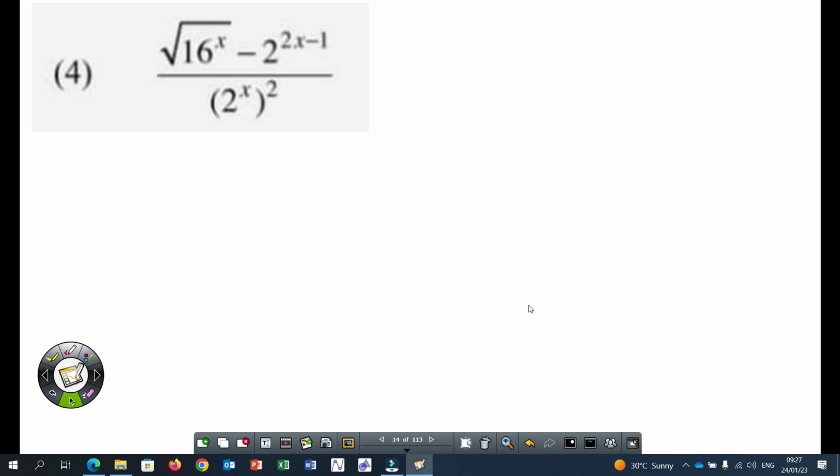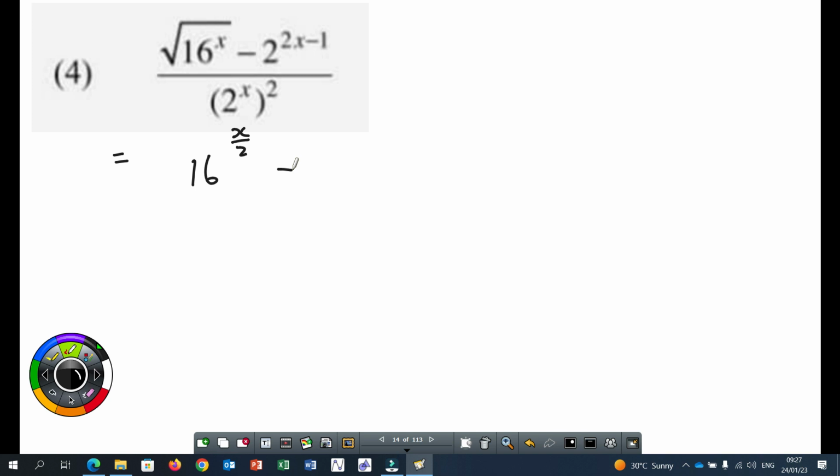Okay, so number 4, the first thing, since we have a square root sign in the first term of the numerator, we remove that square root sign first. So this will be equal to 16 to the power of x over 2, minus, please allow me to break the second term based on the first law, moving from right to left.